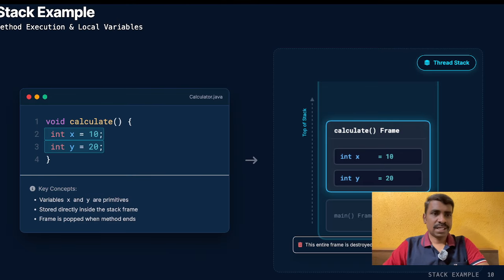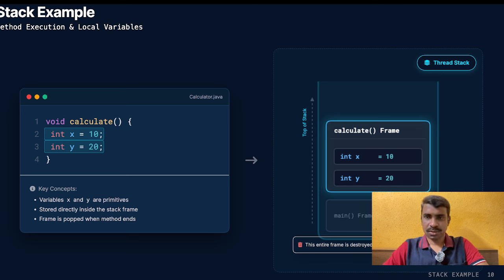So stack example, method execution and local variables. You can see a method calculate. It has x and y, two integer variables. Variables x and y are primitives, stored directly inside the stack frame. The frame is popped when the method ends.